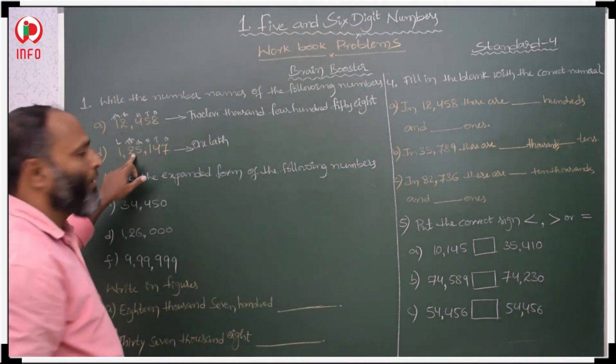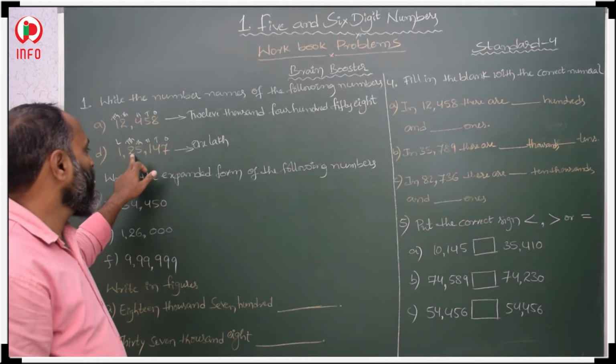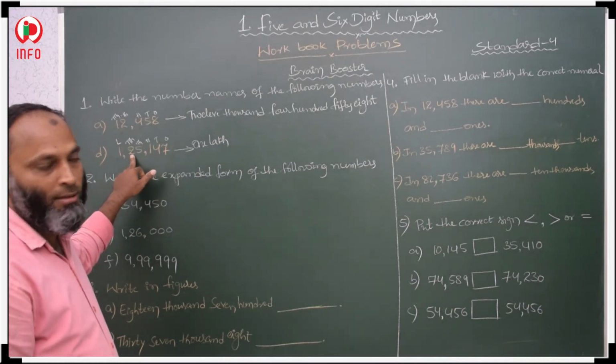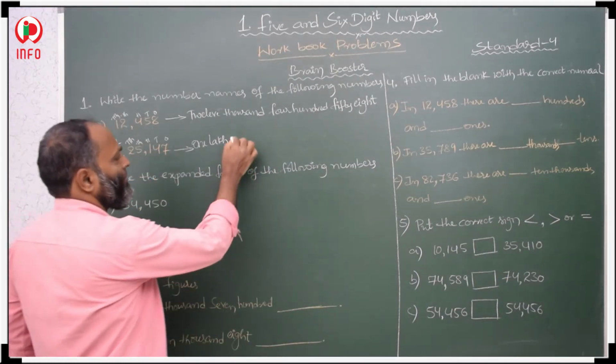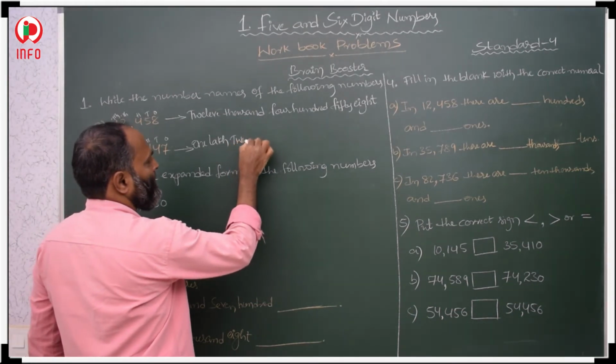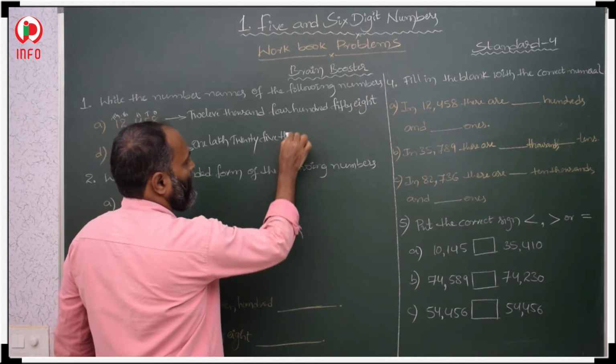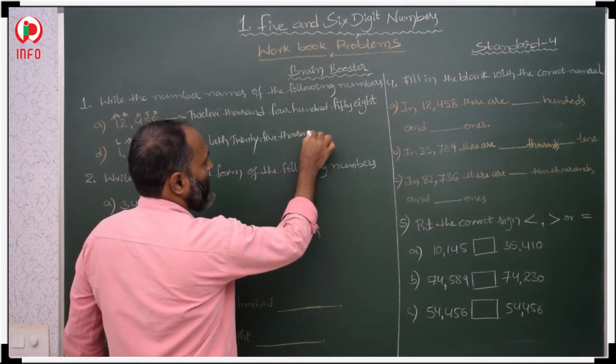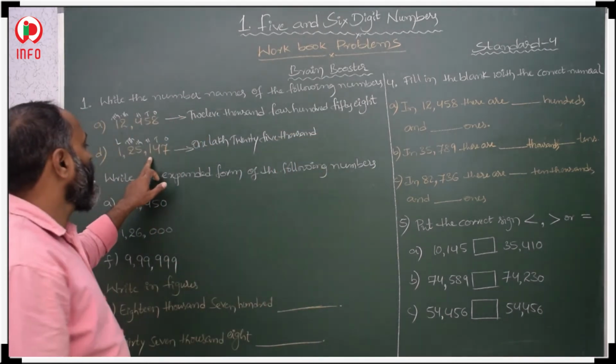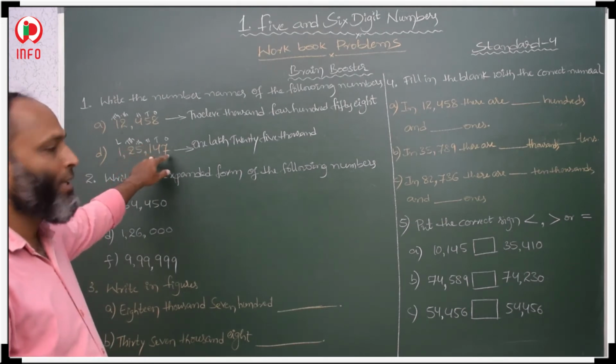1 lakh 25,000. These two are in the thousands place, so this is called 25,000. Next, one is in the hundreds place, 147.